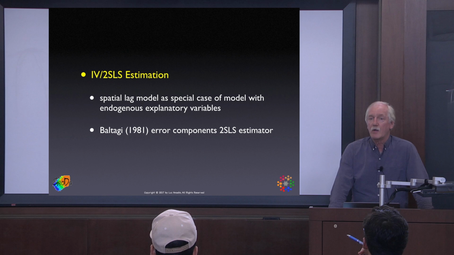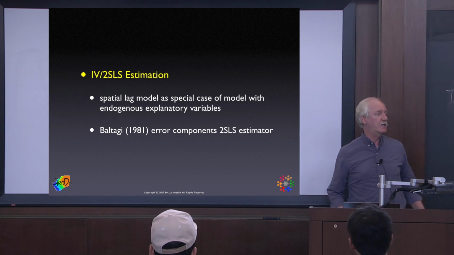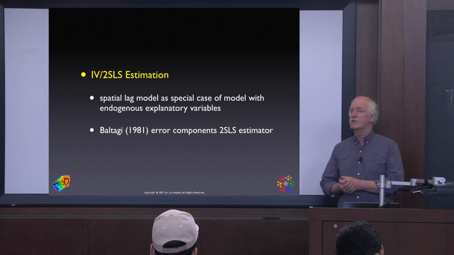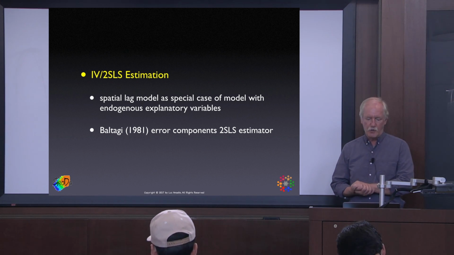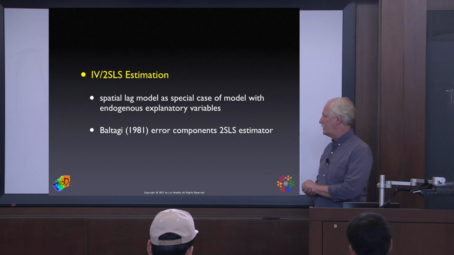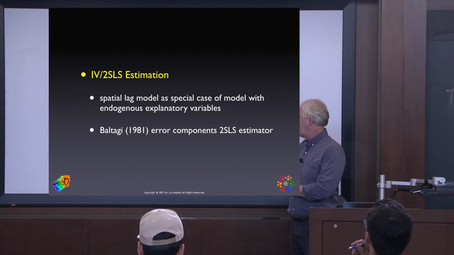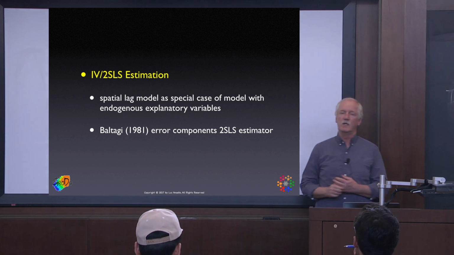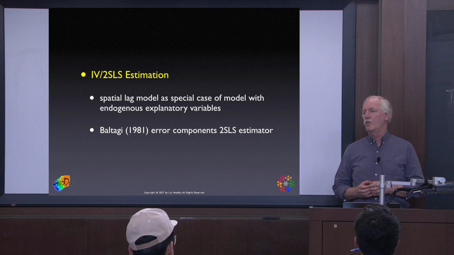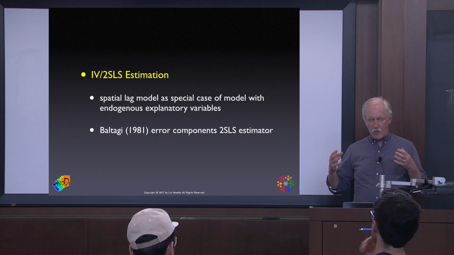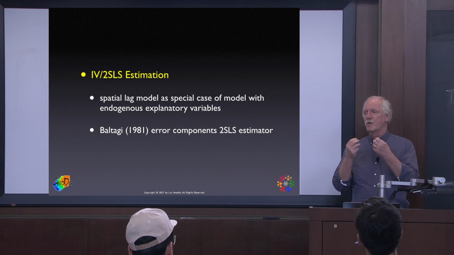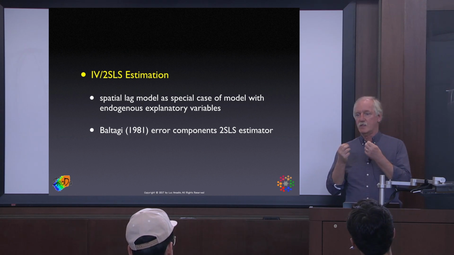We know the lag model is a special case of endogeneity, so if we have the right instruments, we can do this, and in fact, we can show that we can estimate the lag model as a special case of Baltagi's error components two-stage least squares. There's at least 2 or 3 other alternative ways. Basically, these are all approaches to get at the components of the feasible generalized least squares estimator.